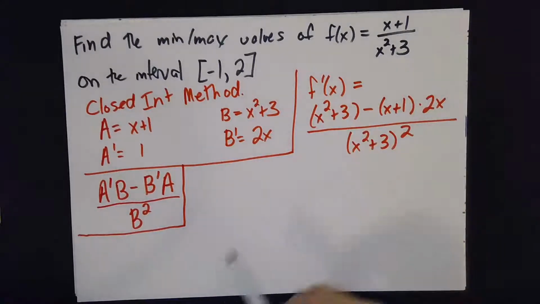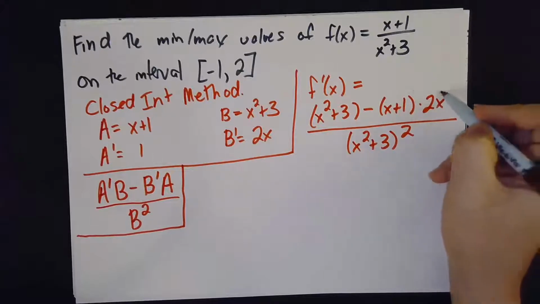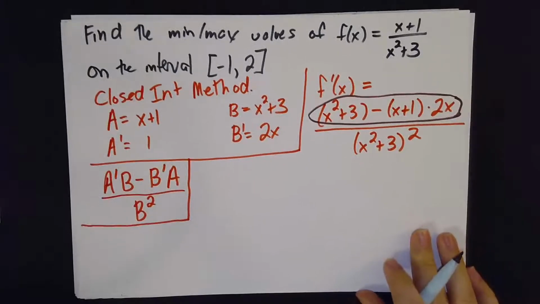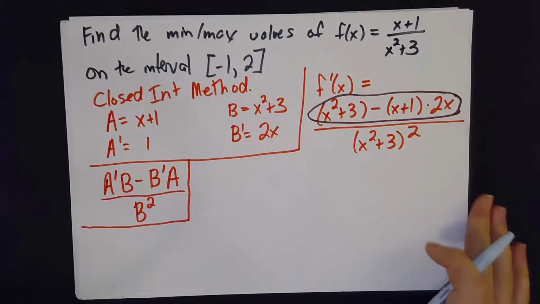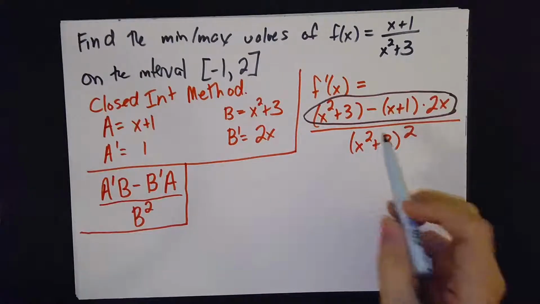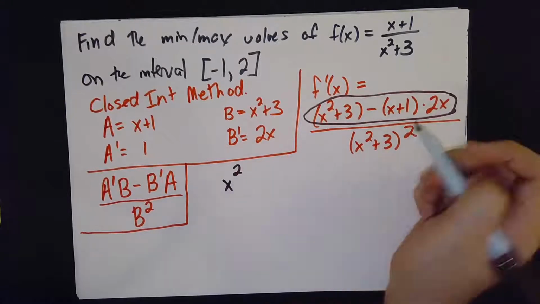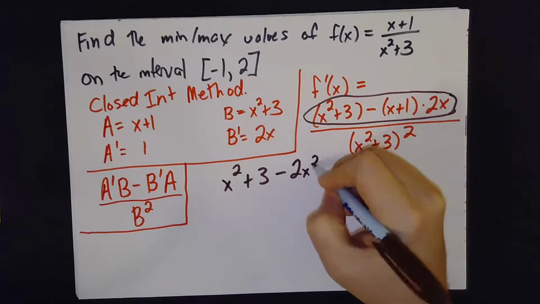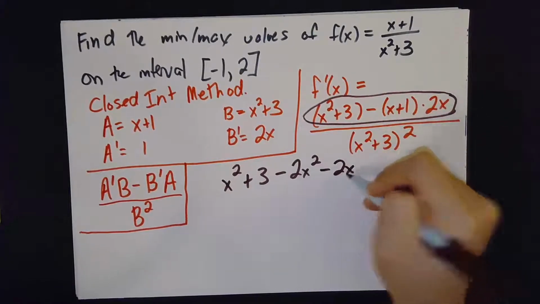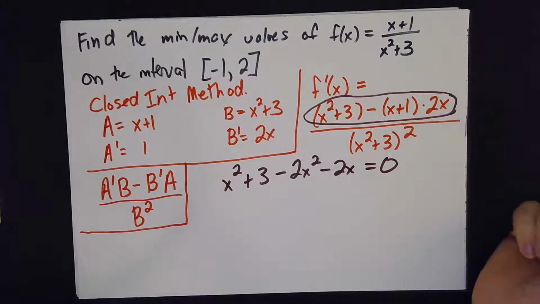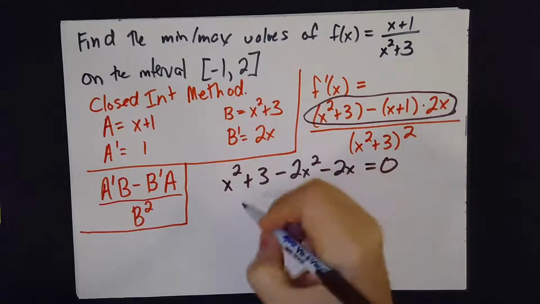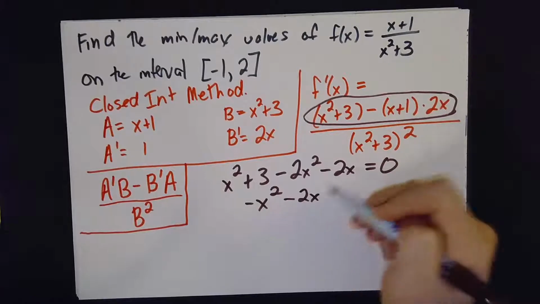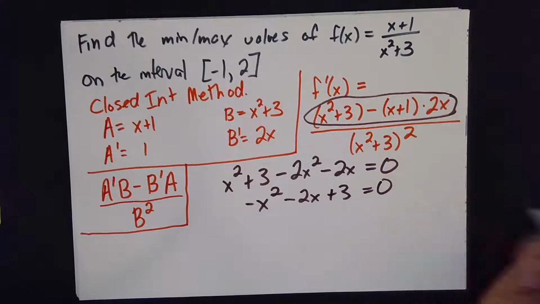Okay, so continuing onward, I want to find the critical number, so I really only care about the numerator because I want to know when this derivative is equal to 0. And so to find that, I'm going to go ahead and simplify this. Minus 2x squared minus 2x equals 0. This will be minus x squared minus 2x plus 3 equals 0.